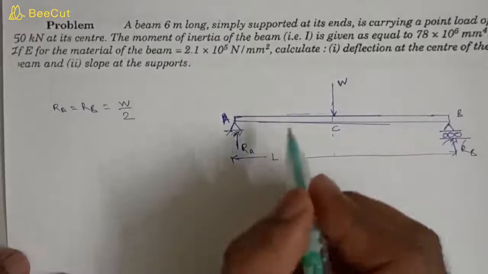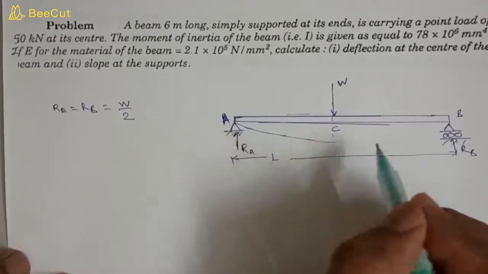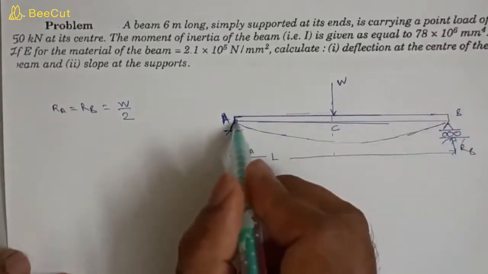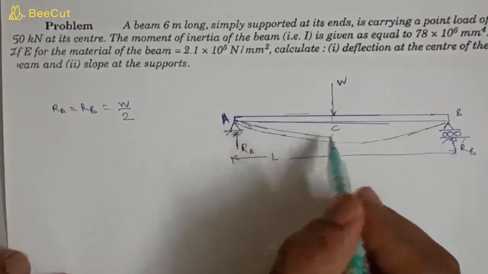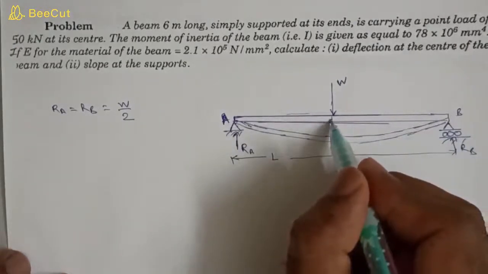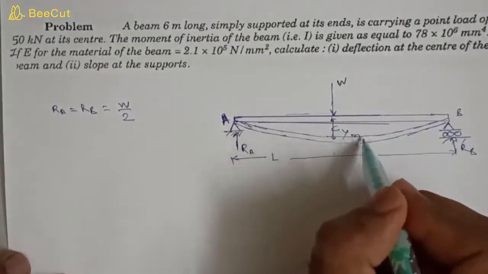Now if load is applied at the center, then the beam will deflect like this. So at the midpoint the maximum deflection is y max.